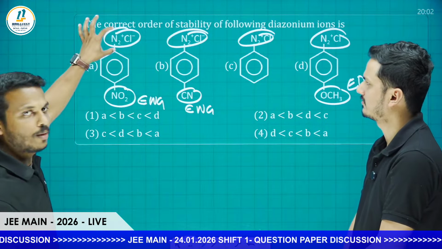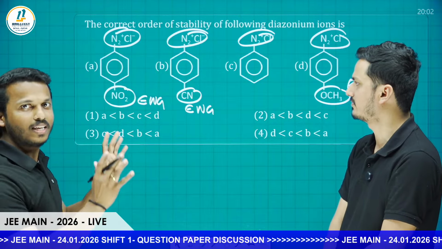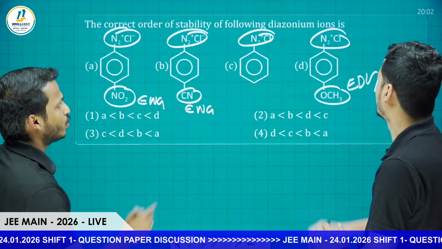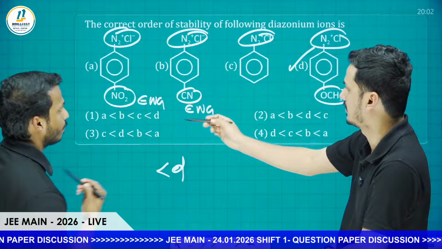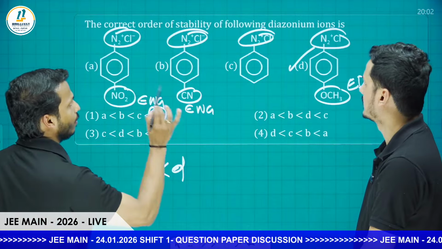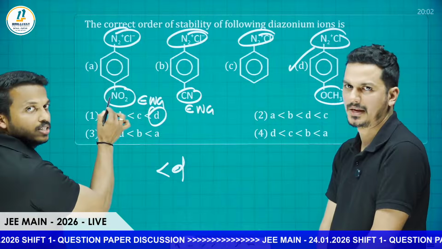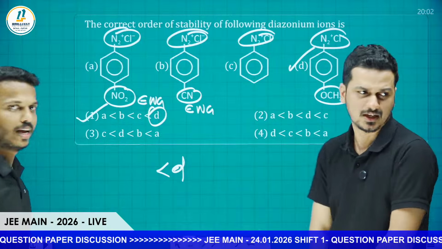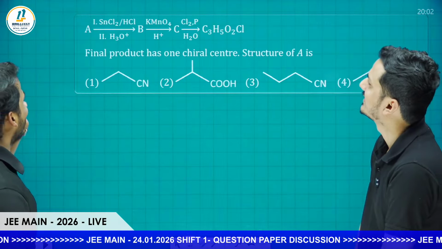The EDG will donate and stabilize the positive charge, so D will be the most stable. After D, C will come. Among the other two, the most withdrawing is nitro, so that will be the least stable. So option A is the answer. Students are commenting and getting it right. Okay, fine, next one.